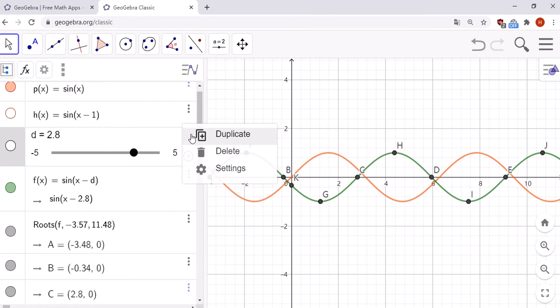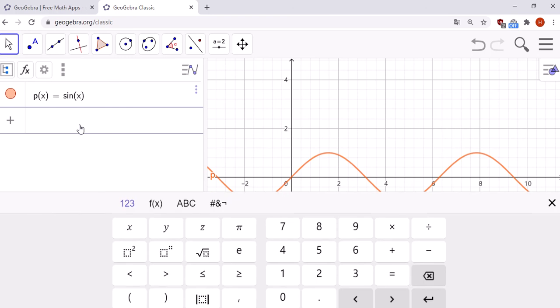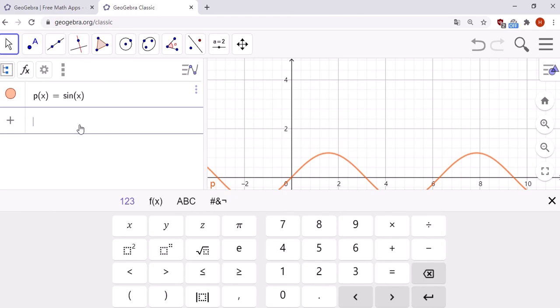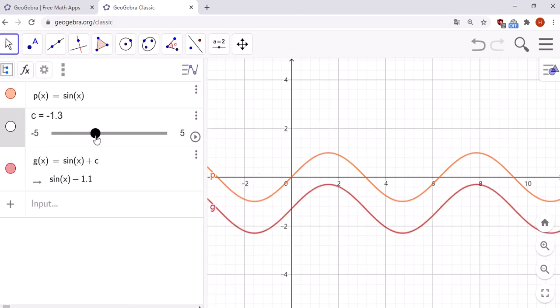And next, we are going to change C in y = sin x + C. So I'm going to change C here. If C is negative 1.3, that means it moves down 1.3 units.